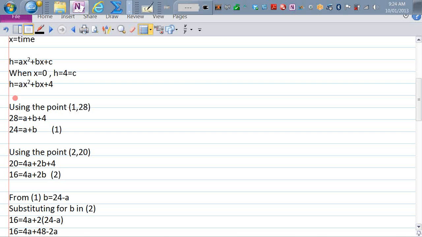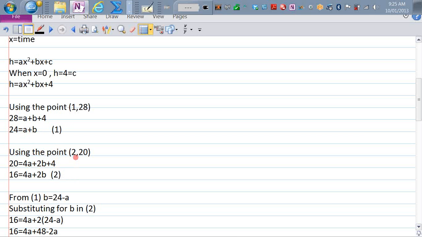So 28 is the h value, and a is multiplied by 1 squared, so we get a, and bx with x is 1, so you'll just get b by itself plus 4. So we're substituting x equal to 1 and h equal to 28. When you transpose the 4 to this side, you get 24 equals a plus b. So using the point (1, 28), we have the sum of a and b.